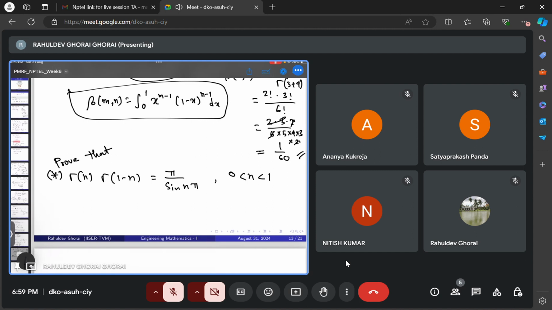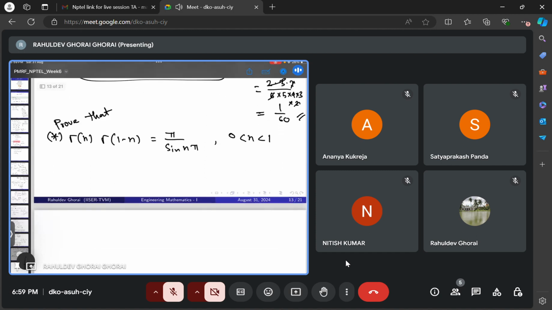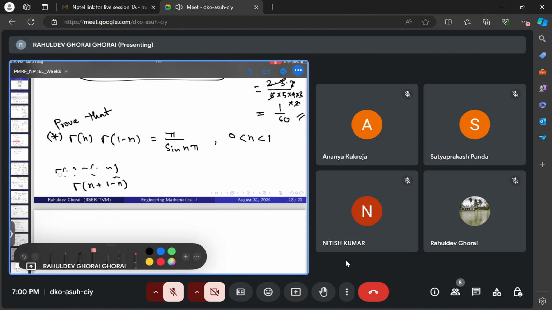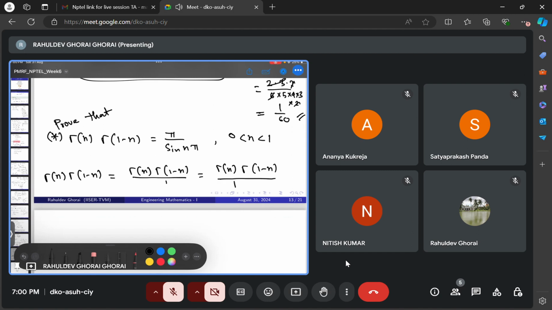So how we proceed is this. You can write gamma n times gamma of 1 minus n is equal to gamma n times gamma of 1 minus n over 1, and that is nothing but gamma n gamma of 1 minus n over gamma of 1, which is n plus 1 minus n.